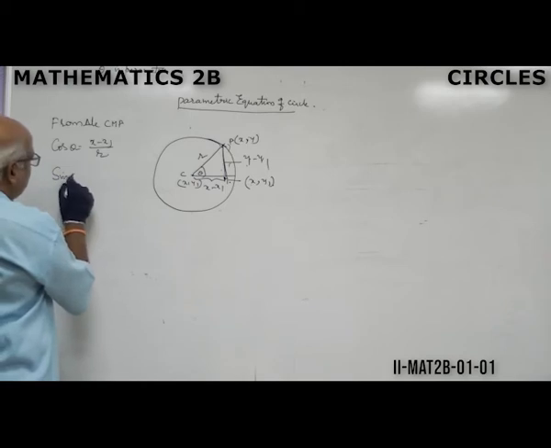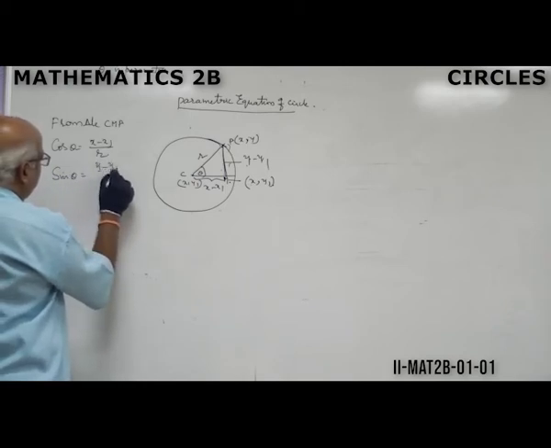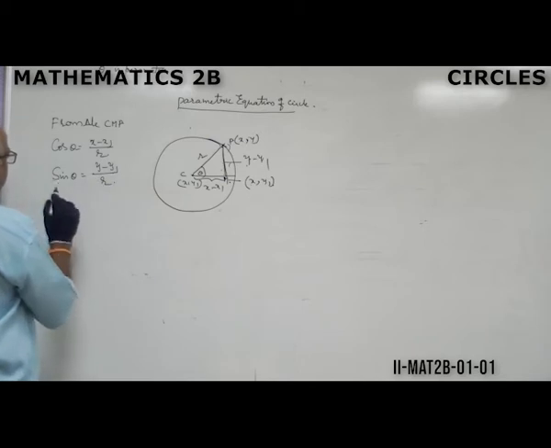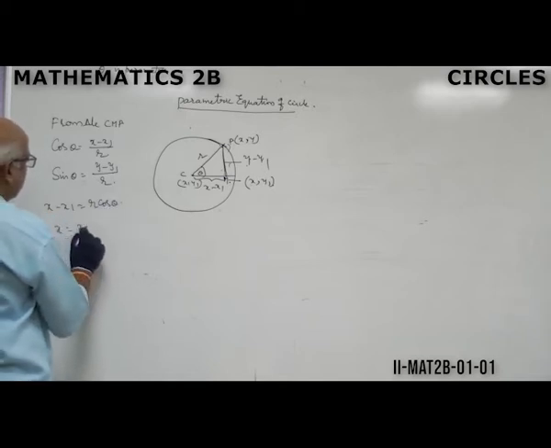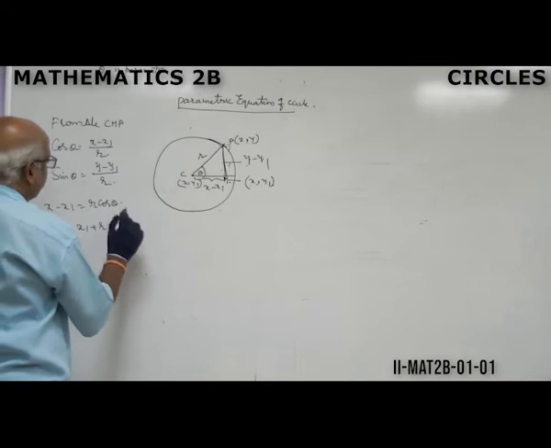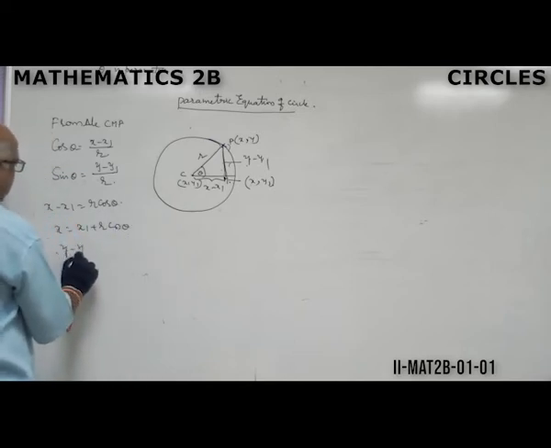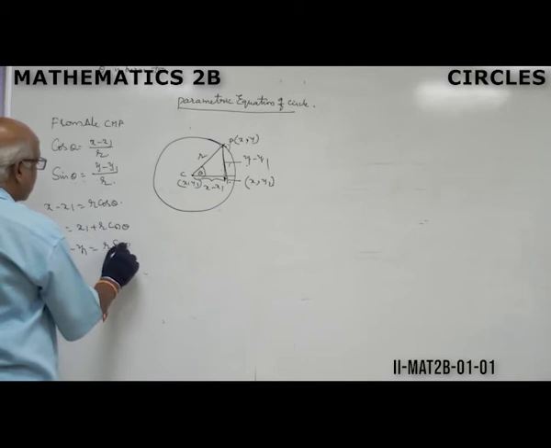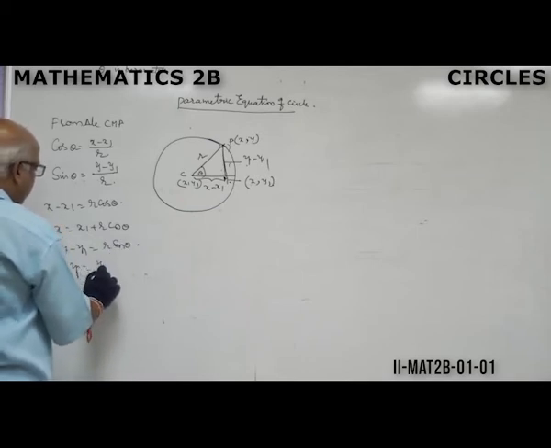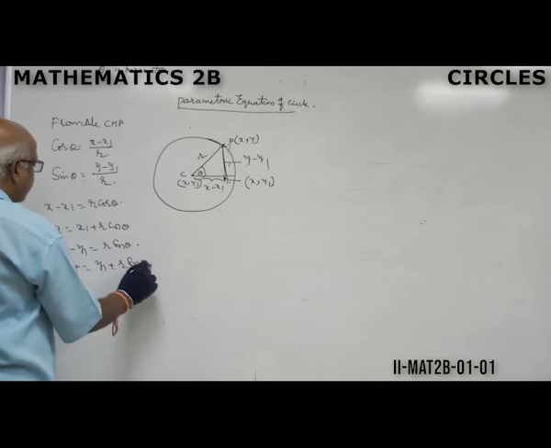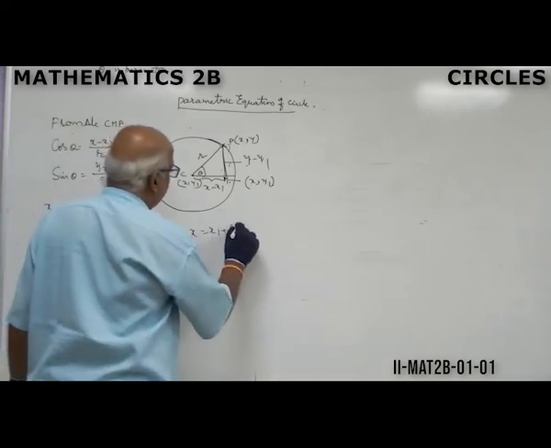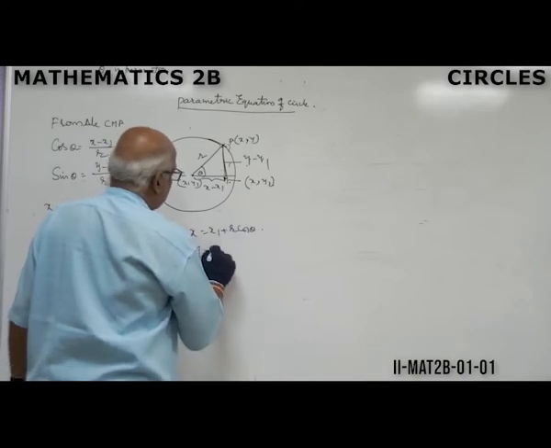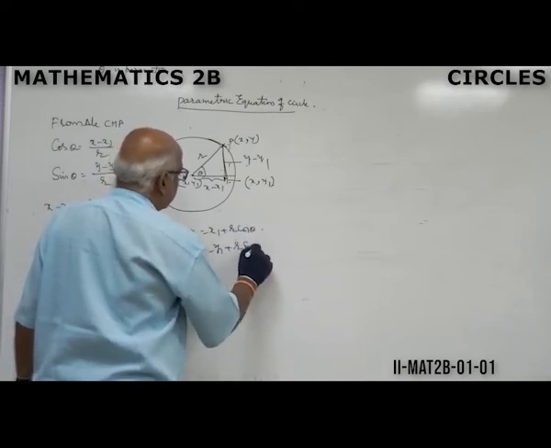Sin theta equals opposite side (y minus y1) by r. x minus x1 equals r cos theta, so x equals x1 plus r cos theta. y minus y1 equals r sin theta, so y equals y1 plus r sin theta. So the parametric equations of the circle are x equals x1 plus r cos theta, y equals y1 plus r sin theta.